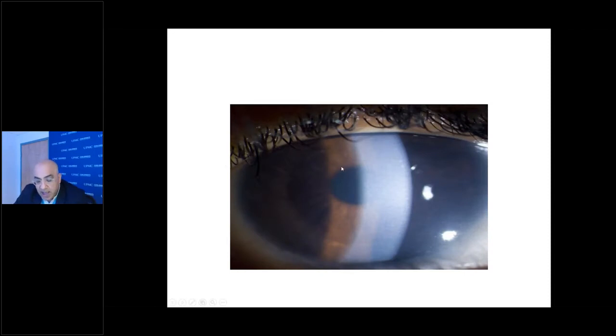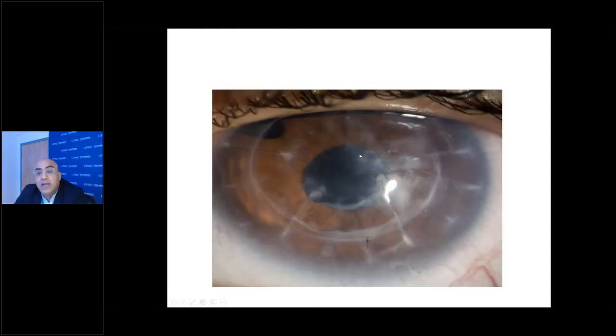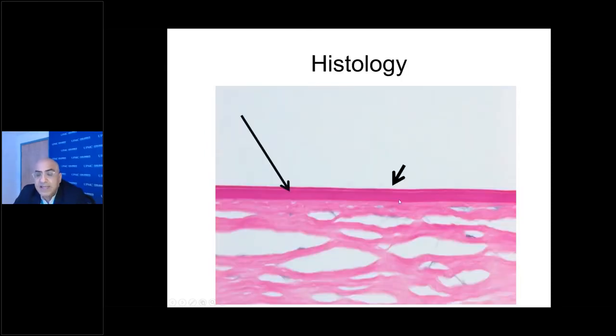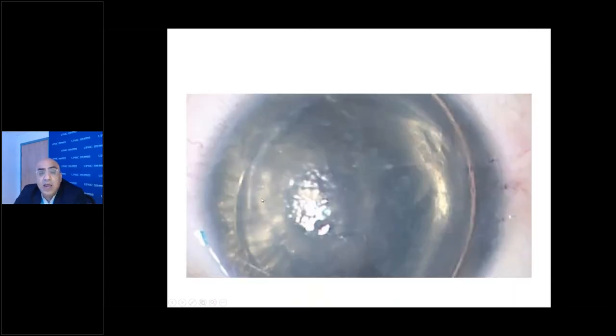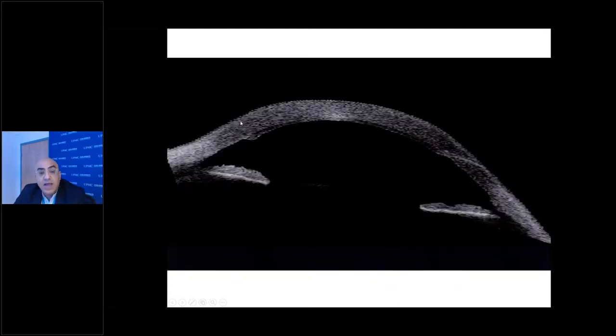This is an older child, and this was done 20 years ago when I did a full thickness corneal transplant. But more recently, and this is just the histology showing the abnormality, what we're able to do is just replace the inner layer, and this is a special imaging technique that shows that just the inner layer has been replaced.